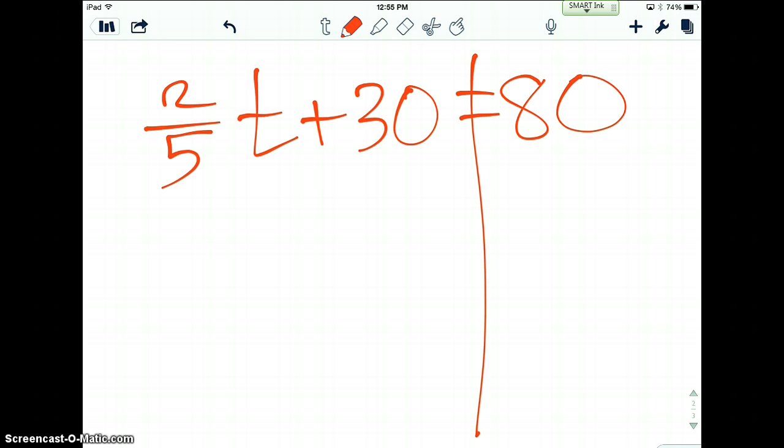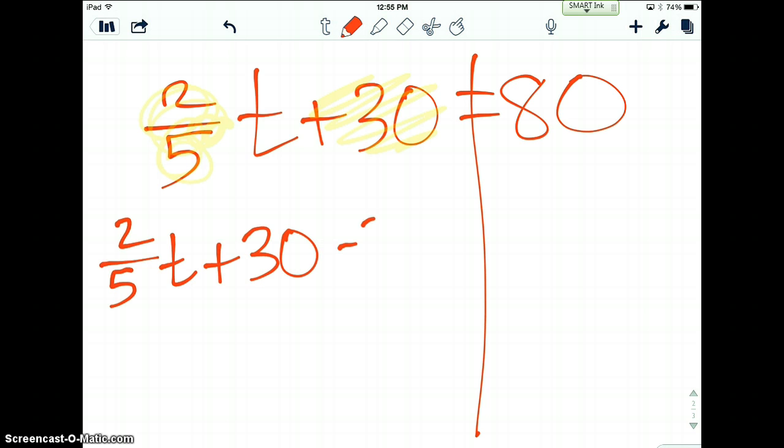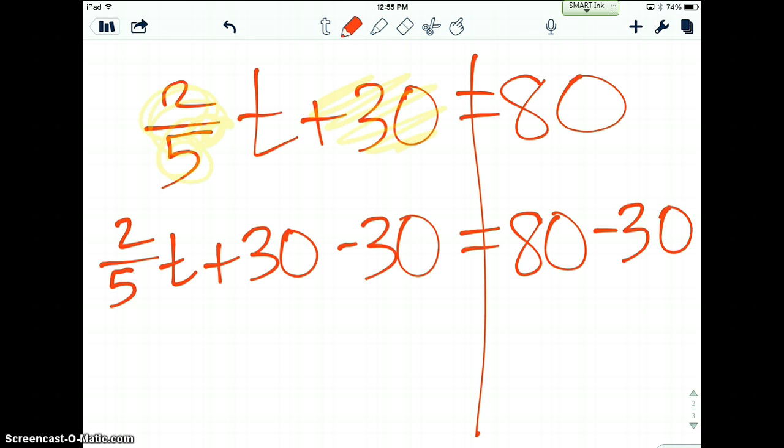So to solve this thing, I'm going to need to get rid of two items. I need to get rid of this addition by 30 and this multiplication by 2/5. So how do we get rid of that addition by 30 first? Well, I'm going to have to take 2/5 T plus 30 and subtract off that 30. Which means if I do that to one side, I have to do it to the other side.